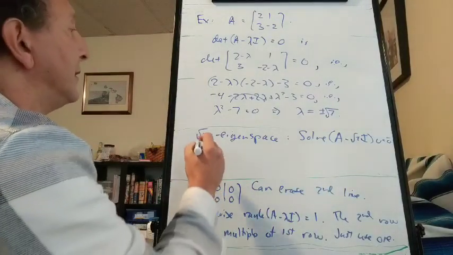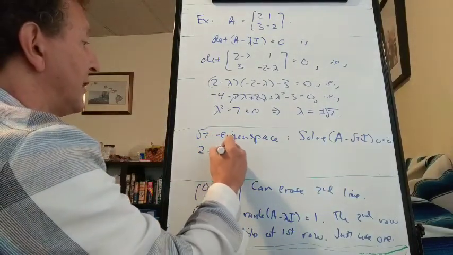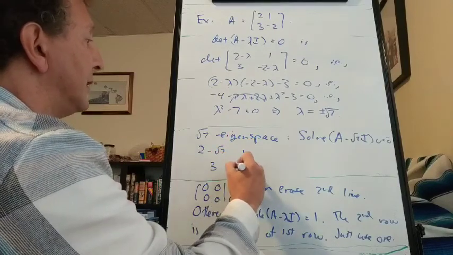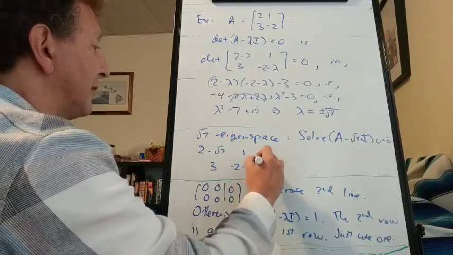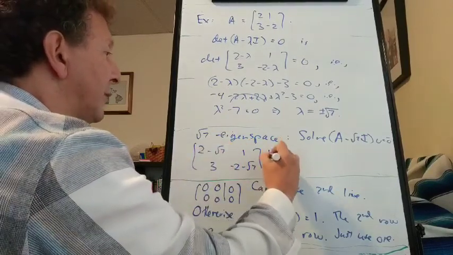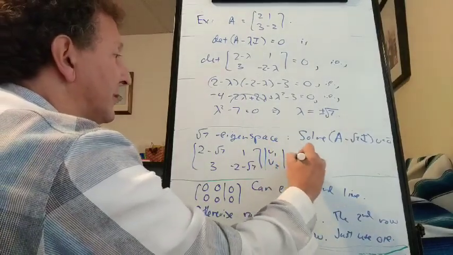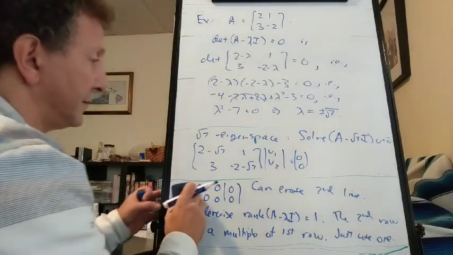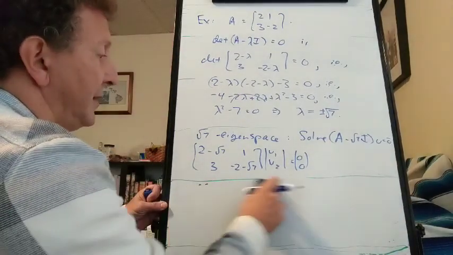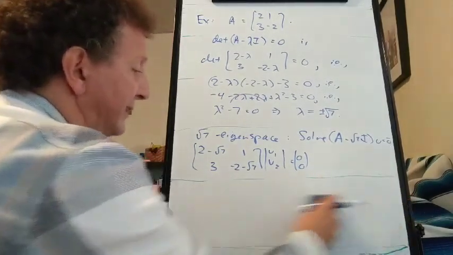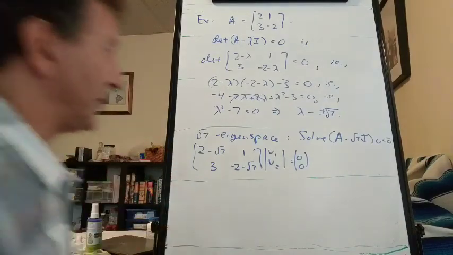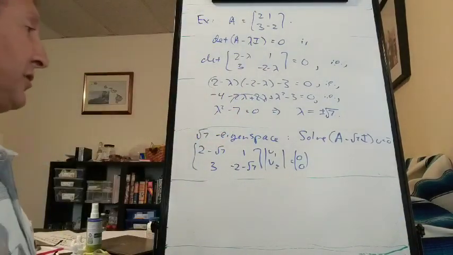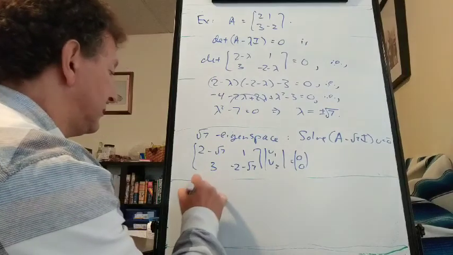So we've got 2 minus root 7, 1, 3, negative 2 minus root 7, times v1, v2 equals 0. Now we can't see by looking at these two equations, but one of them is a multiple of the other. So we can just look at the first equation.